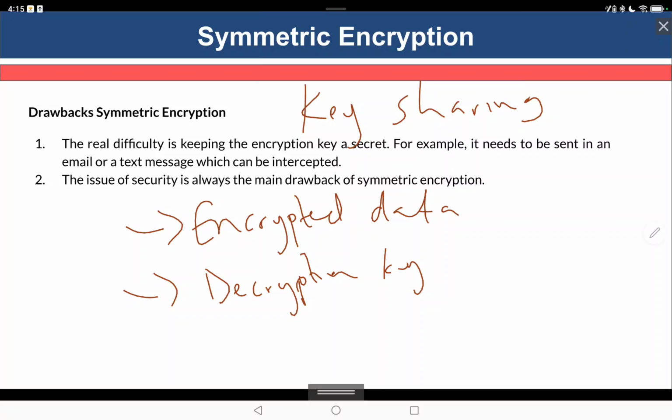So if the same individual hijacks or intercepts the data and also intercepts the decryption key, then the data can be decrypted. So the problem is keeping the encryption key a secret. This is the issue of symmetric encryption.